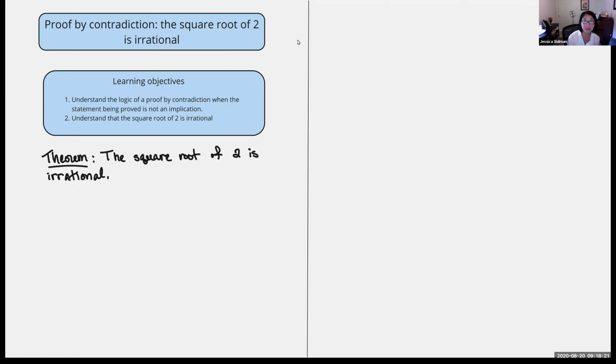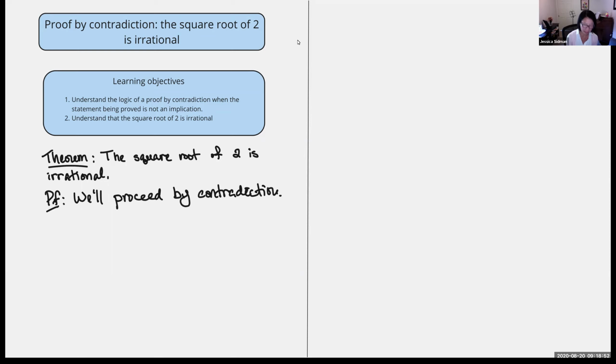As usual, if we're going to do a proof by contradiction, we should signpost, tell the reader we're doing that. I'll tell the reader where my proof is starting, and I'll say that we'll proceed by contradiction.